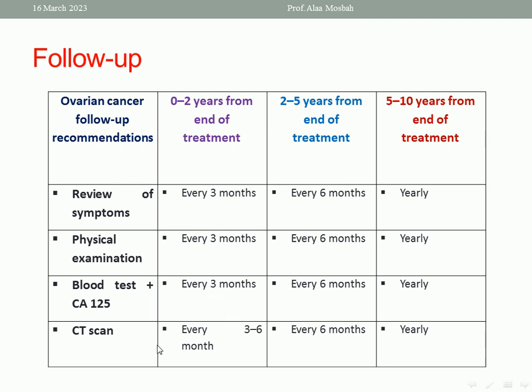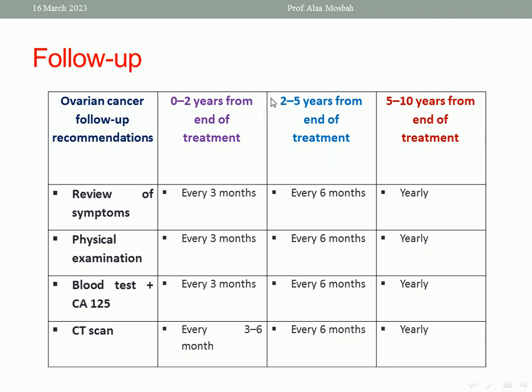CT scan in some centers is done in this group every 3 months, and others recommend to do it every 6 months. So in the first 2 years after the end of treatment, ask the patient to come for follow-up every 3 months.